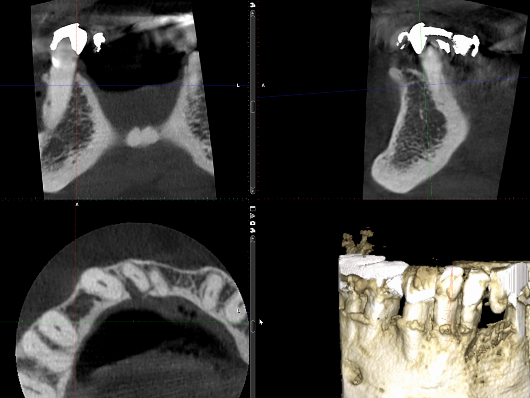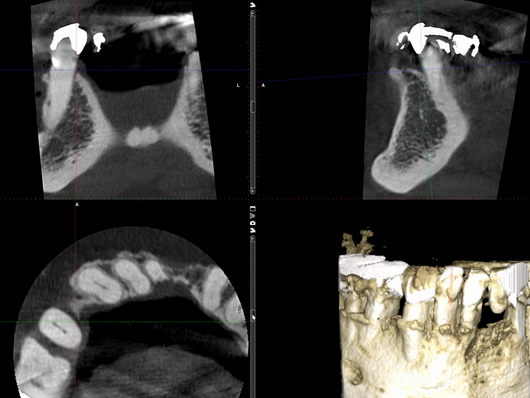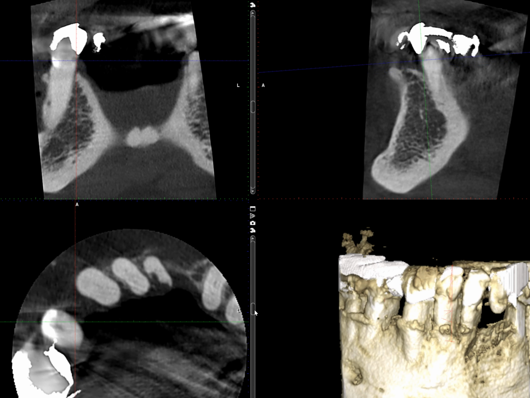It does appear to be perforated. And then we come over to 25. There's a large resorptive lesion extending into the tooth, and it appears to be communicating with the pulpal space right here. And it has resorbed a rather significant portion of that tooth. And here as well.